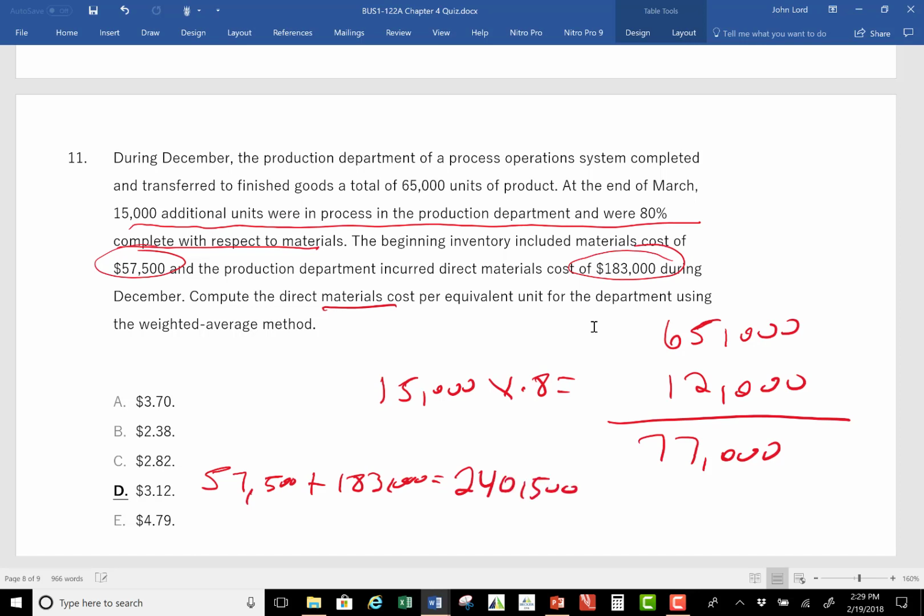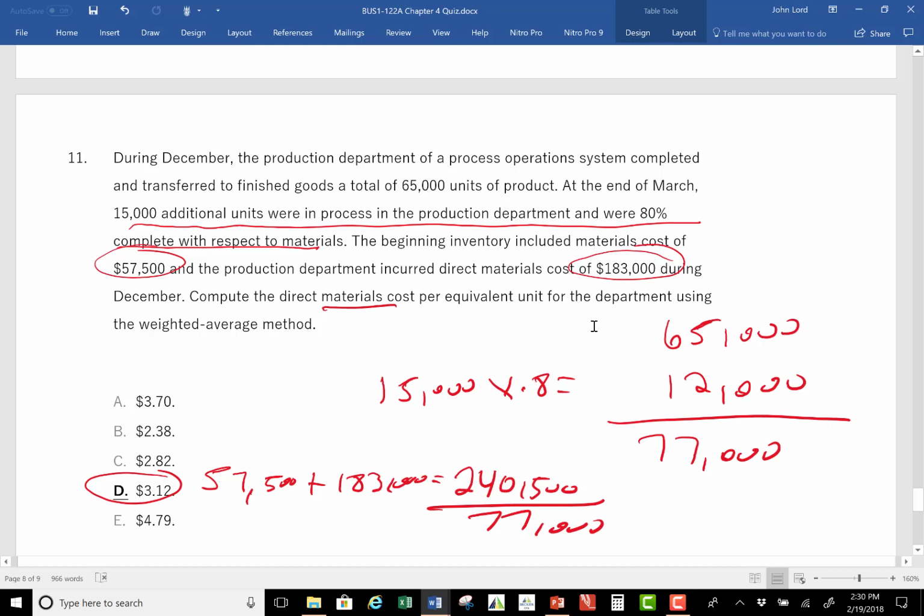Divided by 77,000 gives me 3.1234. Okay, good. Is that the number you get, or something a little different? 1, 2, 3, 4.